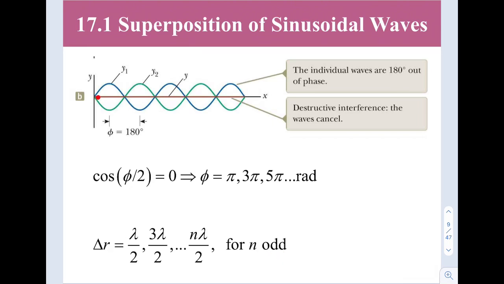The resultant will be the brown wave here, which is completely flat. In other words, it is destructive interference, where simply y1 and y2 cancel out each other. That's why it's flat here.